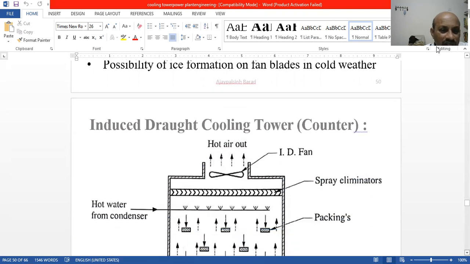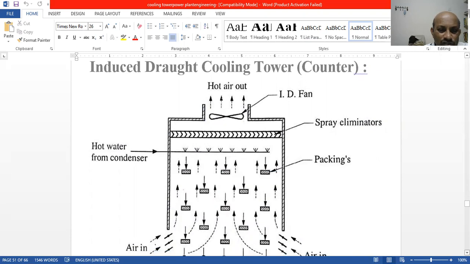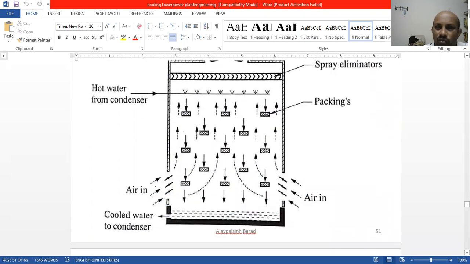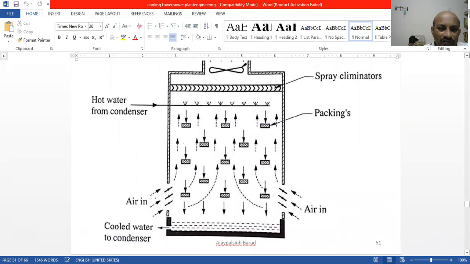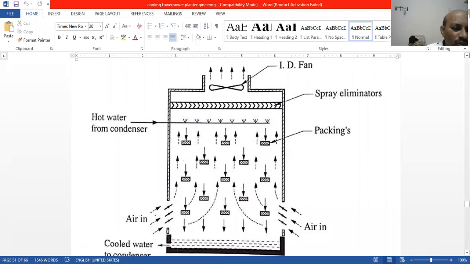Next we will see induced draught cooling towers. So observe it. Spray, eliminators are there. Hot water from the condenser will be there. Packings are there, same as in the forced draught system. But only one thing here: the cool water we are going to send in.